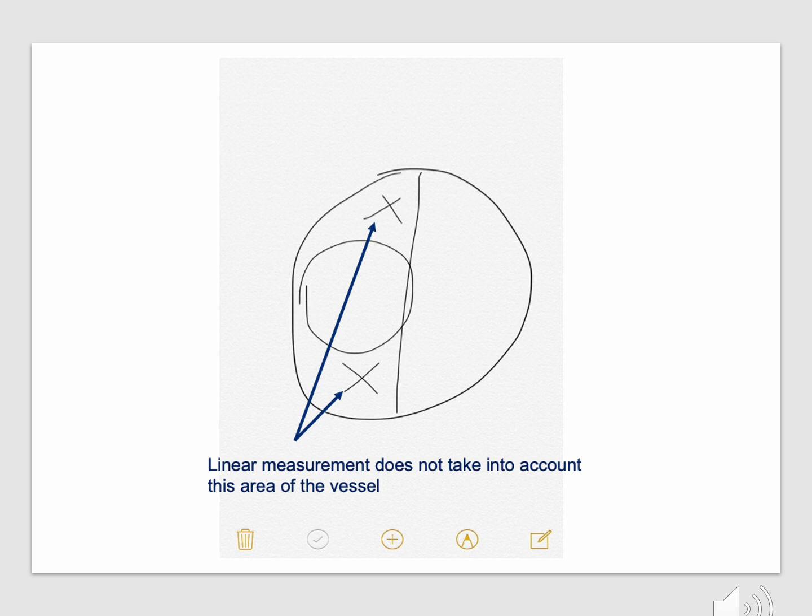While this may not necessarily be representative of what I said before, where we should be measuring from left to right, the point is that if you measure from one side of a vessel to another, there are several aspects within the vessel that are not taken into account when we take a lineal measurement. Cross-sectional area of the vessel takes into account all those areas where the X's are.